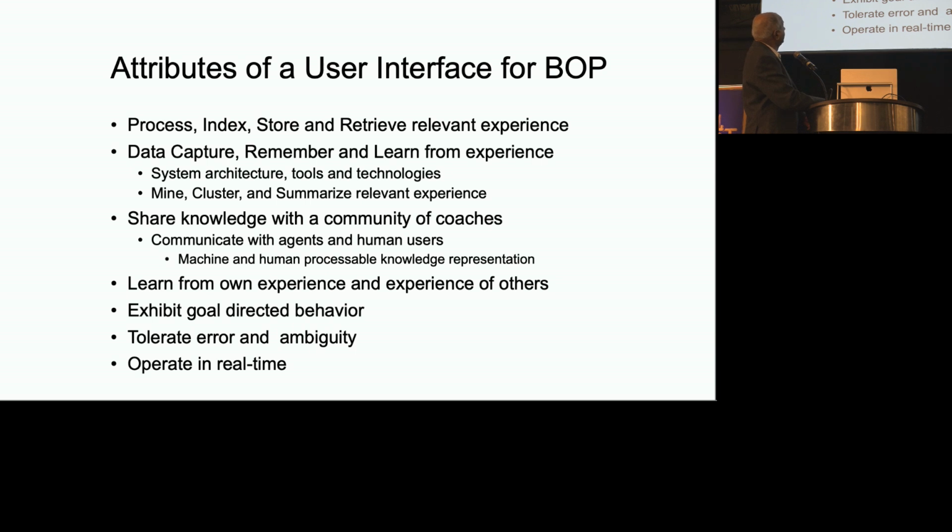They need to process, index, and store, retrieve relevant information, capture, remember, and learn from experience, share knowledge with a community of other agents, and learn from own experience and learning from experience of the others, and exhibit goal-directed behavior, tolerate error and ambiguity, and operate in real time. This is the definition of AI.